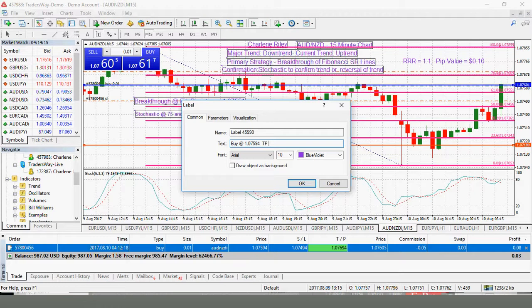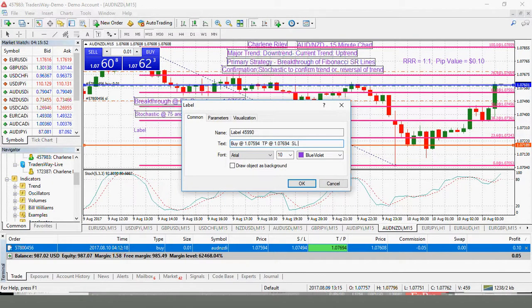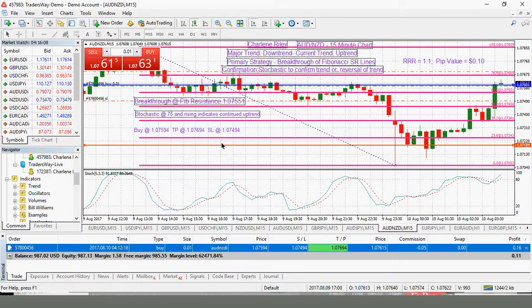Set my take profit at 1.07694 and set my stop loss at 1.07494. So my goal is always to get at least 10 pips per trade.